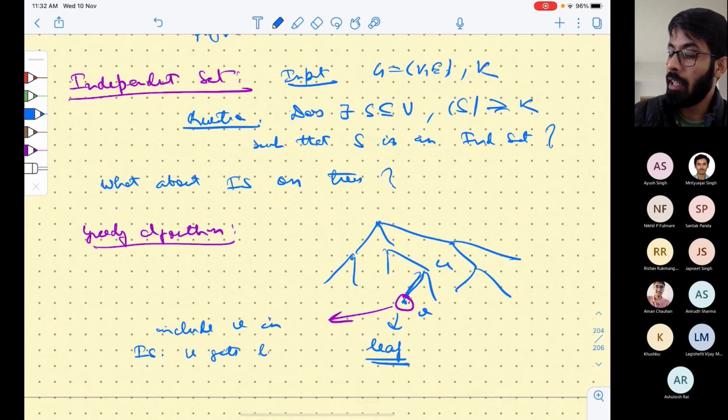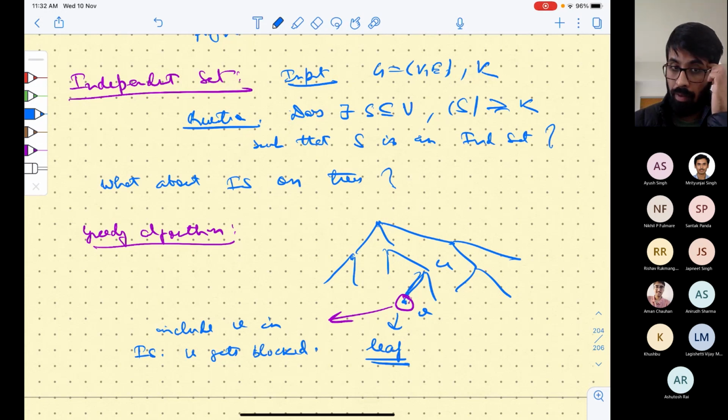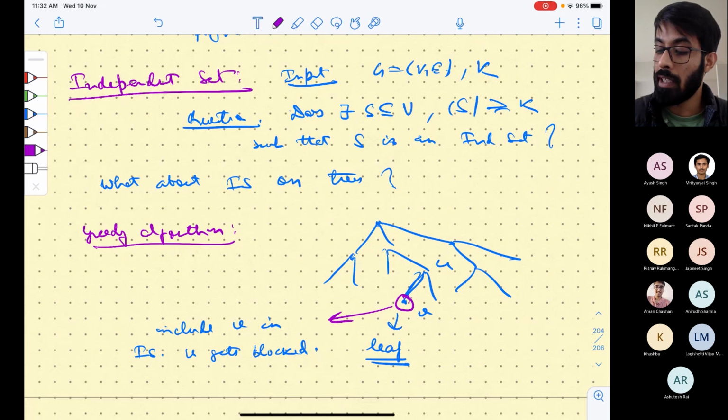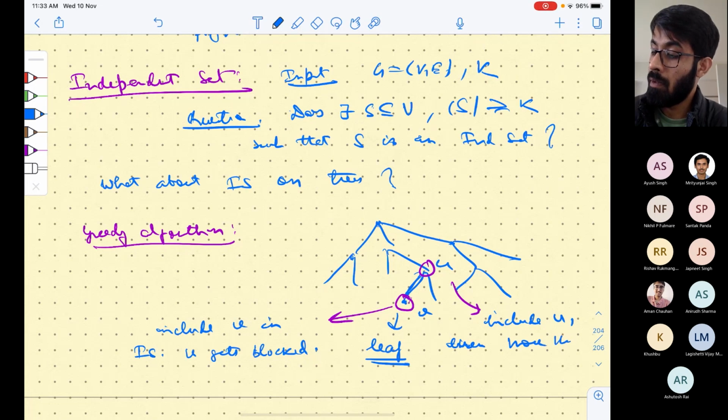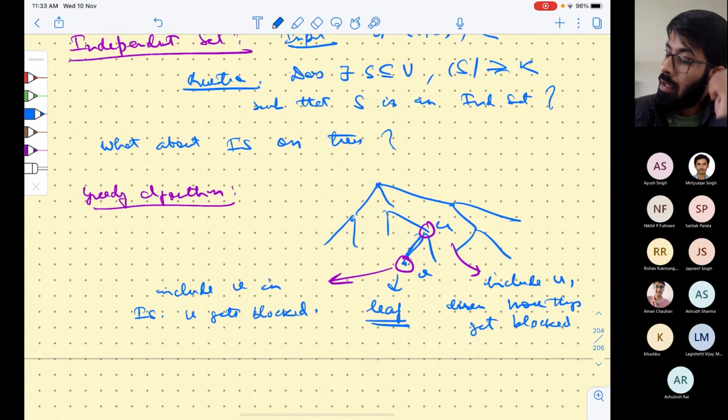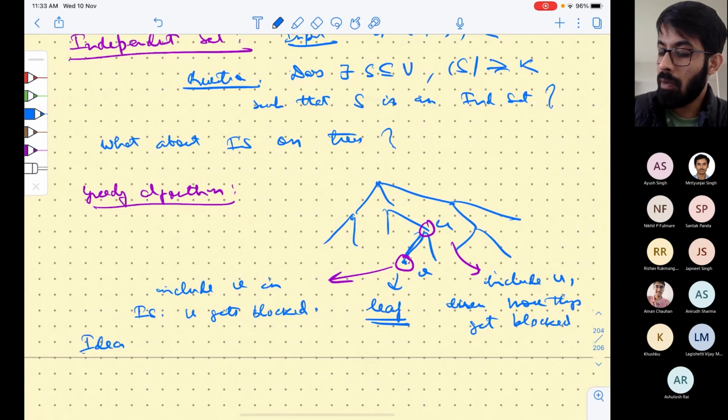It cannot now be in the independent set. But if we include U, then more things get blocked. So the idea is to include the leaves.